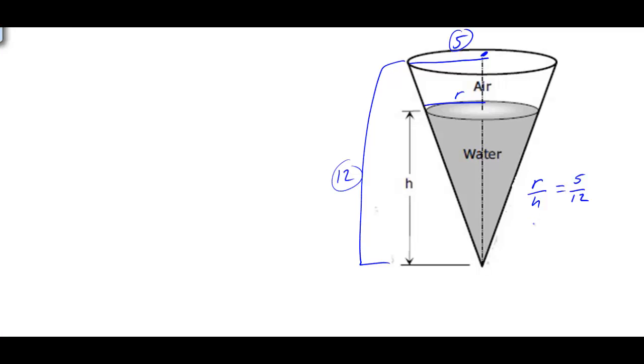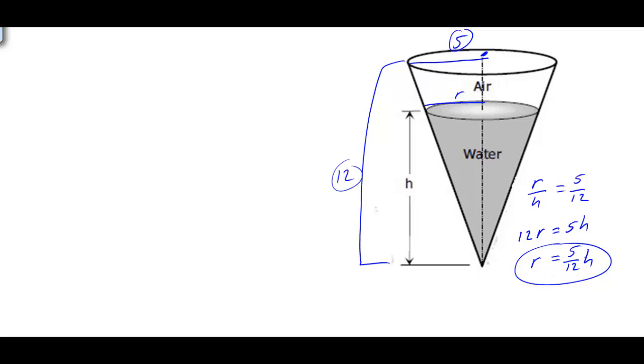Then if we solve for the radius, we would end up with 12R is equal to 5 times H, so therefore R is equal to 5/12 H. So that gives us a representation of the radius in terms of H.